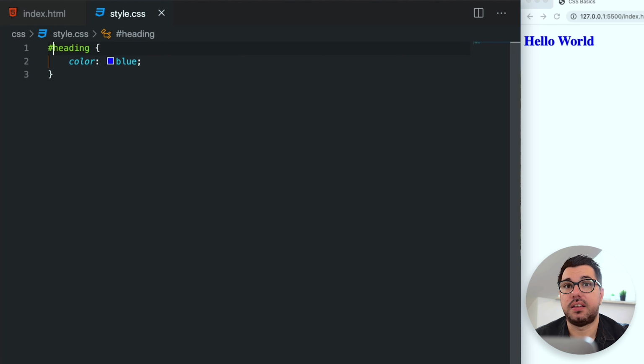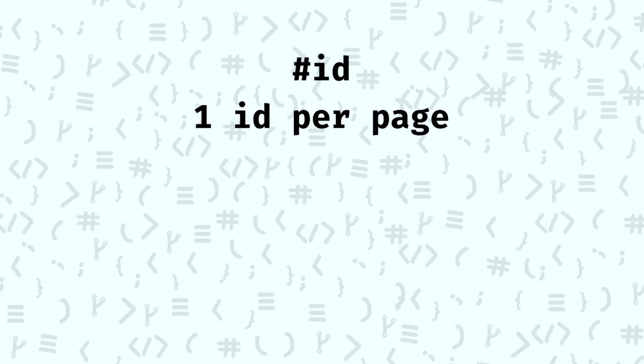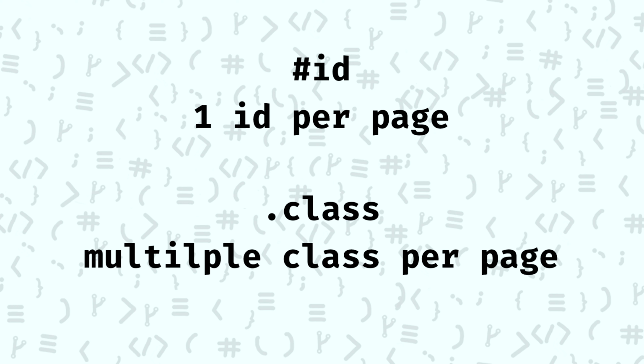Then we save that, and you can see we get the same result. There are reasons you use classes instead of IDs. You can only have one ID on a page. Classes, you can have multiple. So you can add the class of heading to lots of different items and they can all be styled the same. There are also specificity reasons, which we'll get on to later in the course.